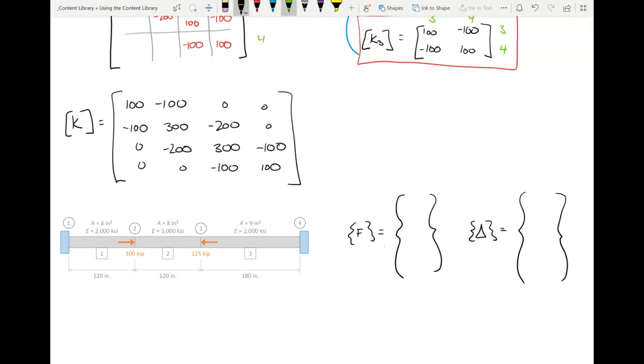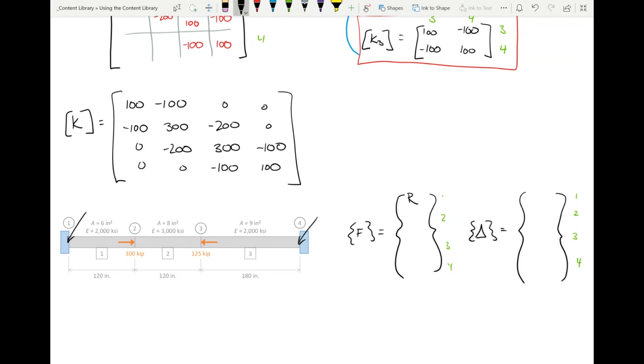So 1, 2, 3, 4, 1, 2, 3, 4. Now look at this problem. I don't know the forces right here and right here. Those forces are unknown because they're support reactions.